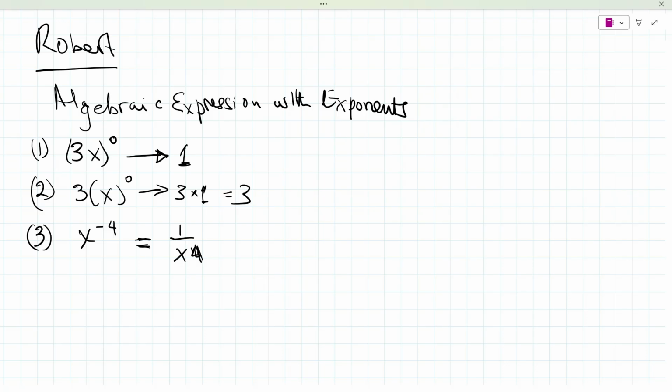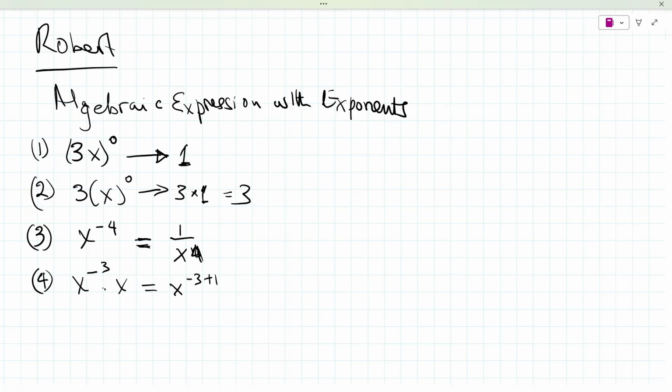Right, now let's look at another example, example 4. Suppose you are given x to the power minus 3 multiplied by x. This is the same as saying x to the power minus 3 plus 1. The fact that this x doesn't have any power written up there, it's assumed to be 1.